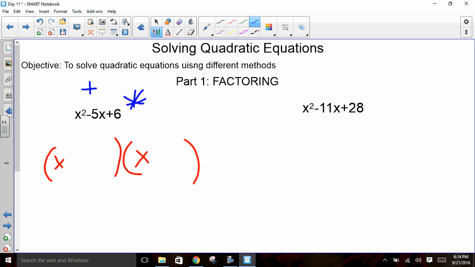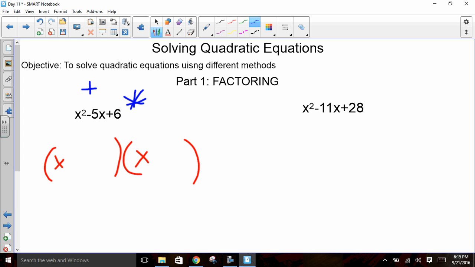So something that I'm not sure if we talked about last year, if you notice, I have a positive in the back and a negative in the middle. So the only way to get to a positive is either two positives or two negatives, because if you recall your multiplying skills, negative times negative gives you positive, positive times positive gives you positive.